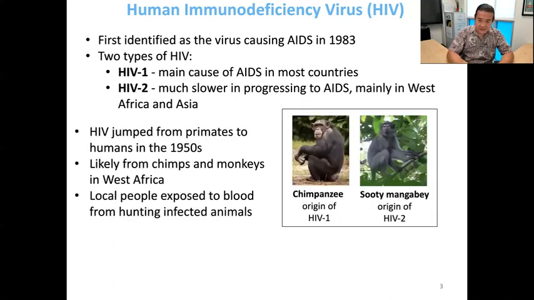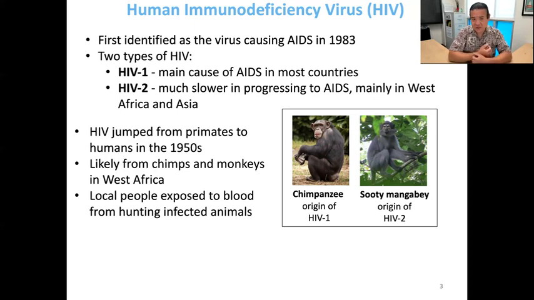So these again represent viruses that have made the jump from one species of organism to another. In this case, we believe that HIV made the jump from primates, other types of primates that are closely related to us as Homo sapiens, sometime in the 1950s.